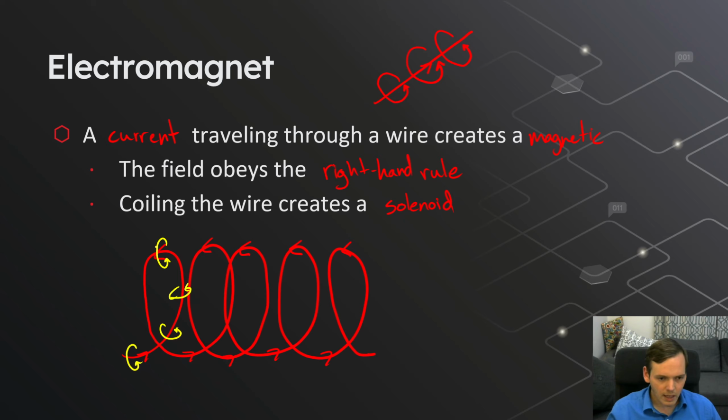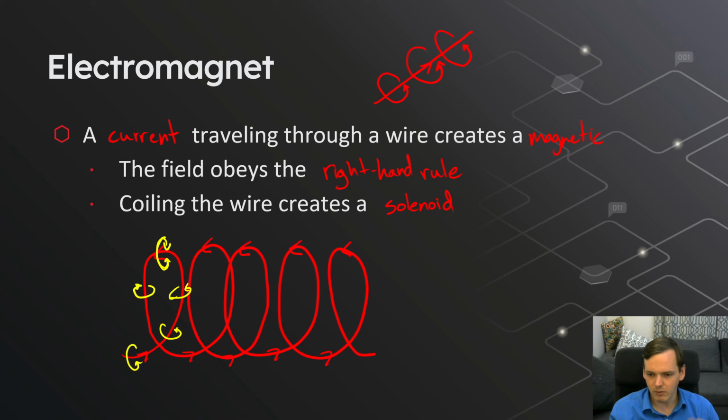I think that is backwards, so it should be like that. And then this wire that kind of comes out front will be around like this.